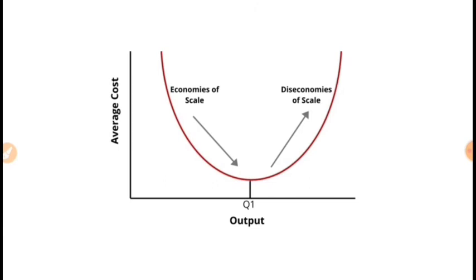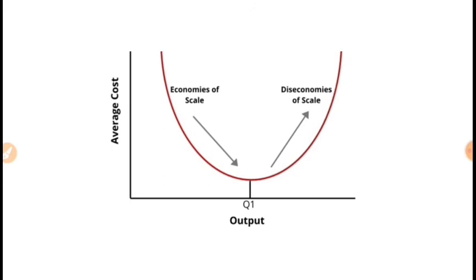But the reason for diseconomies of scale is losing touch with the customers. When the business expands and more variable inputs or variable factors are applied in production, the business loses its touch with the customers, as well as managers lose touch with the workers as the number of workers or laborers increases in production, as well as communication problems arise because the business is so large.